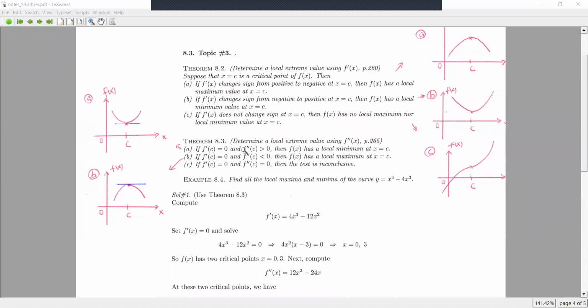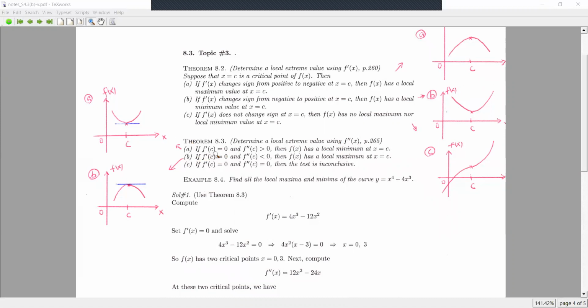Second theorem. You can also use the second derivative to determine a local extreme value. Three cases. If the derivative at the point C is 0, in this case, at the point C, the tangent line is horizontal.